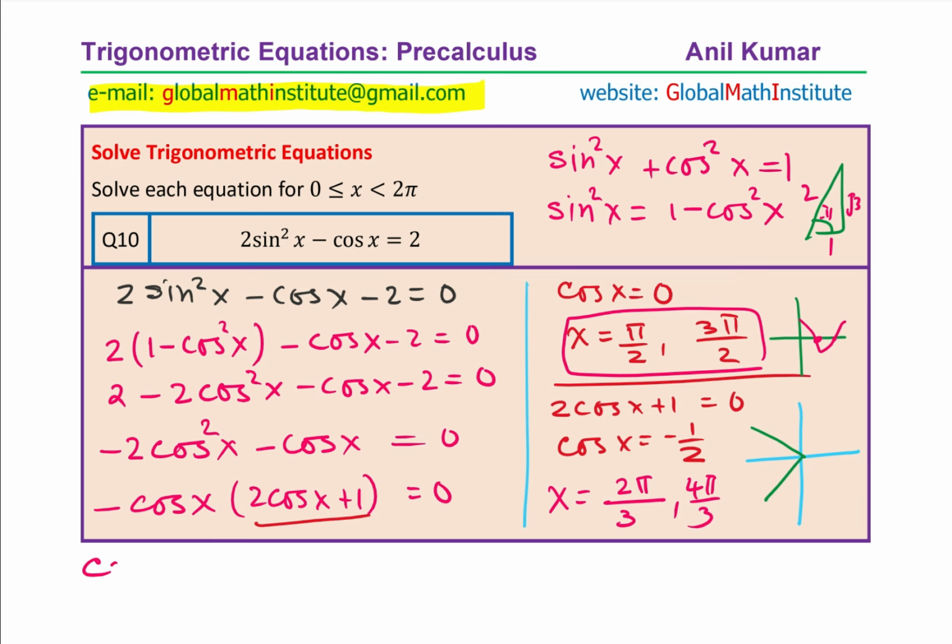Remember now we get x equals, for this term, pi by 2, 3 pi by 2, 2 pi by 3, and 4 pi by 3. So I hope you have understood all the steps involved in solving trigonometric equations, right?